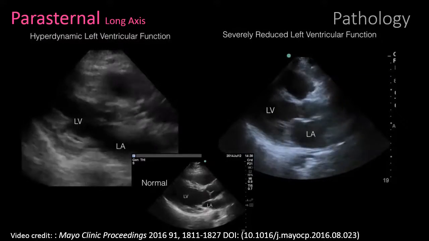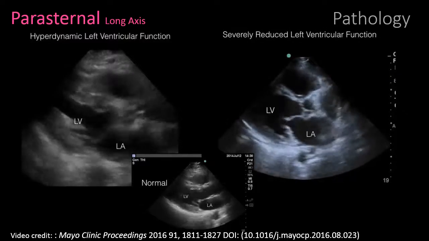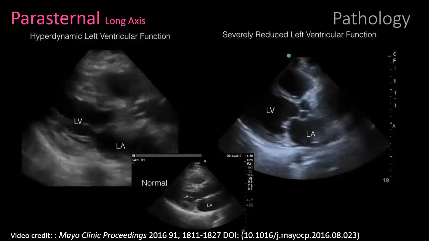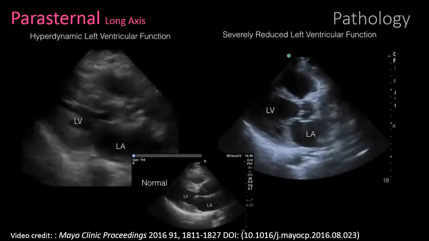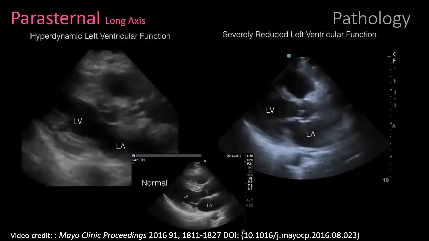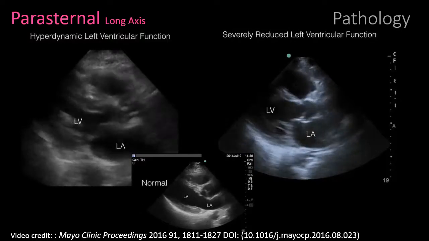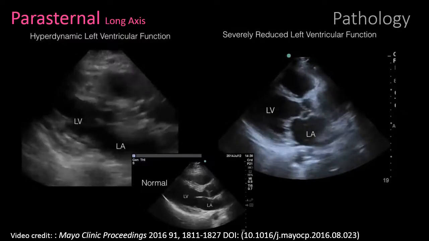The walls are hardly moving at all, and so there isn't much change between the systolic and the diastolic volume of that left ventricle. And then in the middle of your screen towards the bottom, you can see a normal heart that has about 55 to 65% ejection fraction.